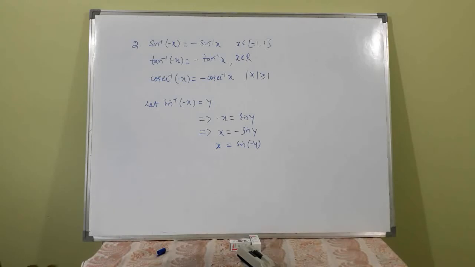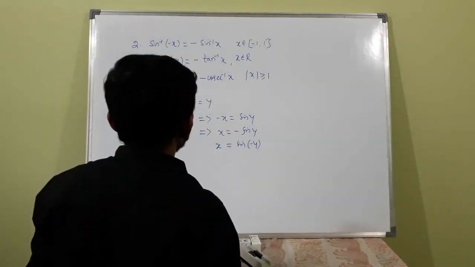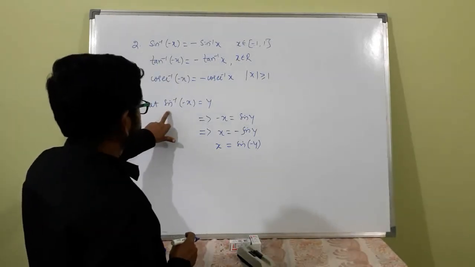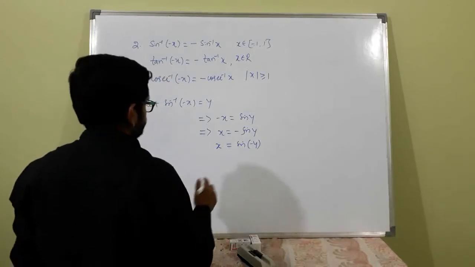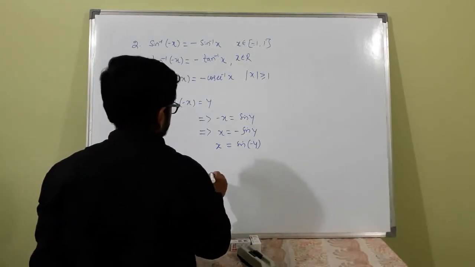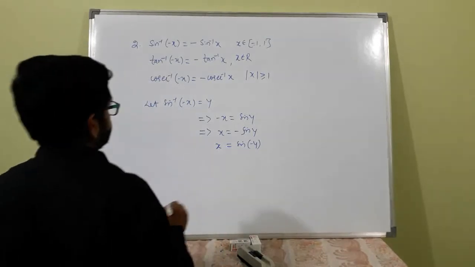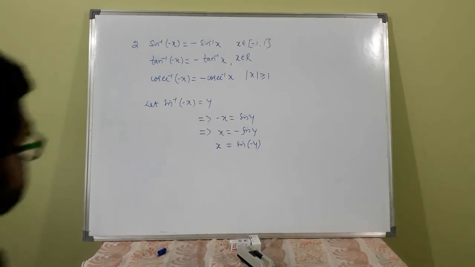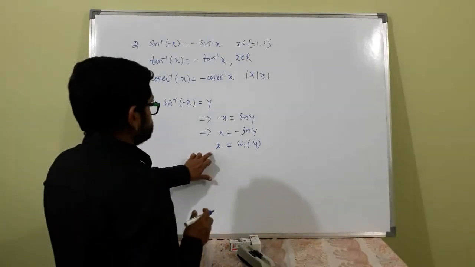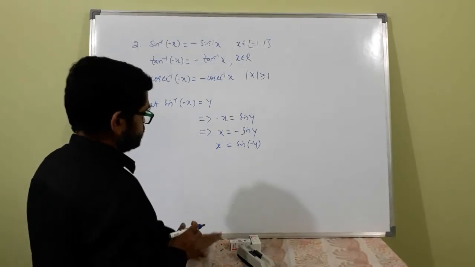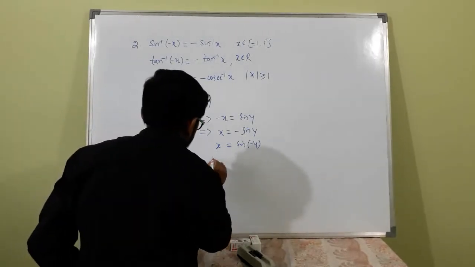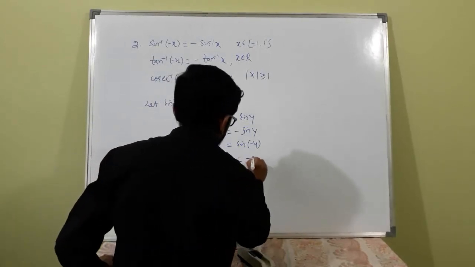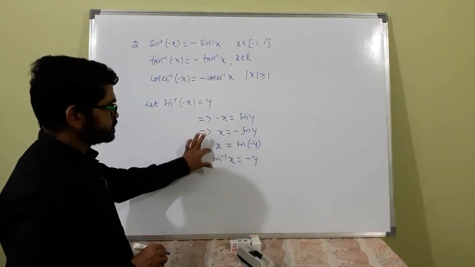If you take sine inverse, x is equal to sine inverse sine of minus y, so sine inverse x is equal to minus y, again taking sine inverse on both sides.